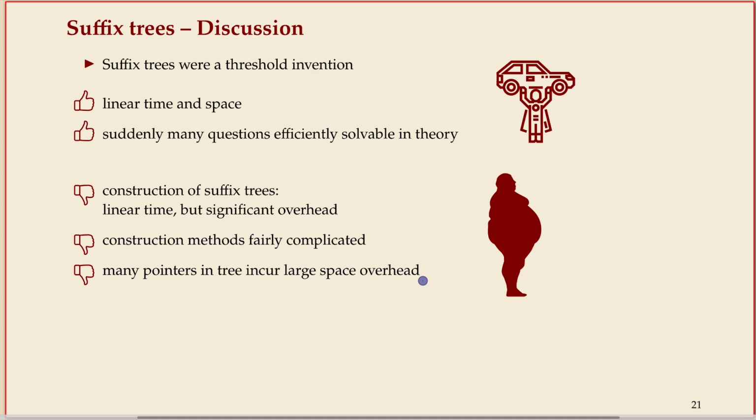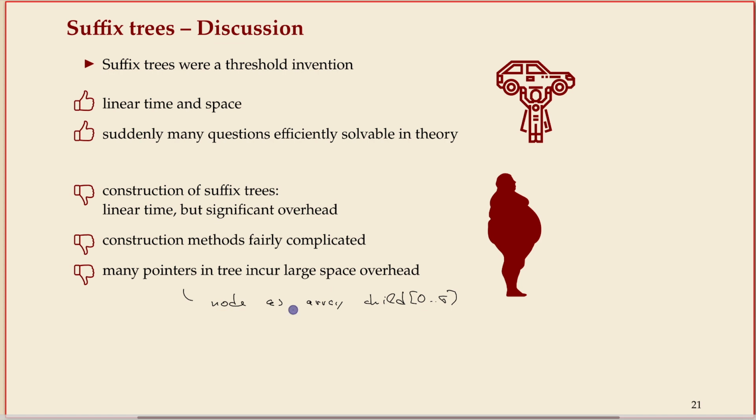You can represent a node with an array of child pointers. So it could be something like this. Then every node needs space sigma. If sigma is constant, that's linear space, but still it's a factor of a dozen or 100 overhead.